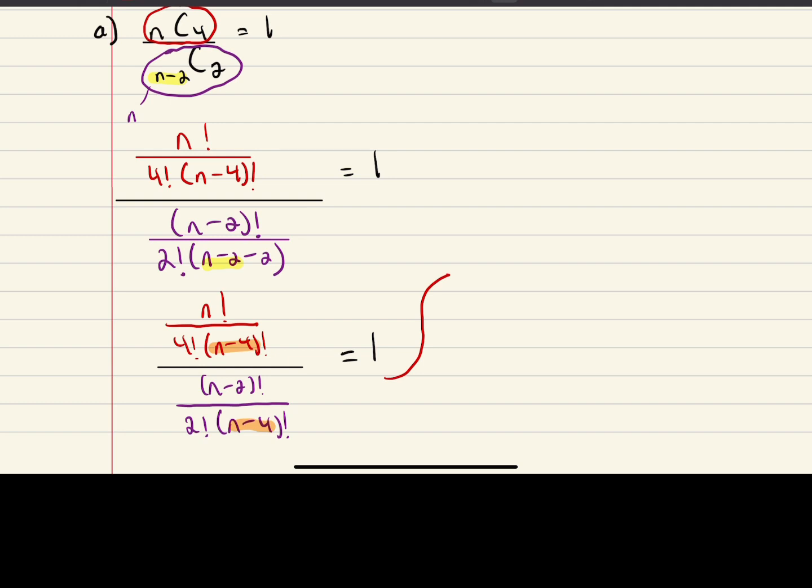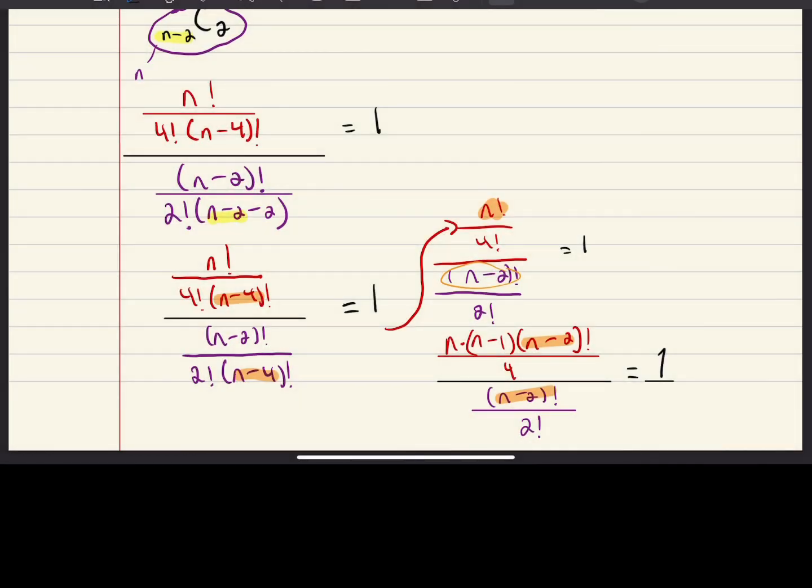So we're going to rewrite this, and we'll do the rest of the work over here, as n factorial over 4 factorial, divided by n minus 2 factorial over 2 factorial, and that's all going to equal 1. And then we're going to expand this until I have a common denominator with this. And so I followed through with the formula until I had n minus 2.